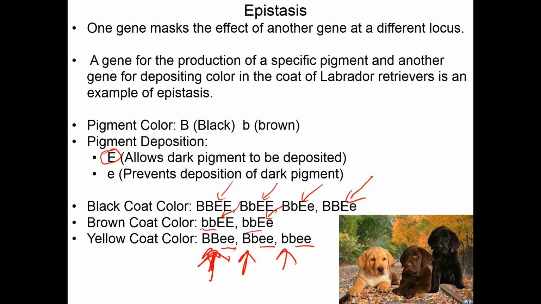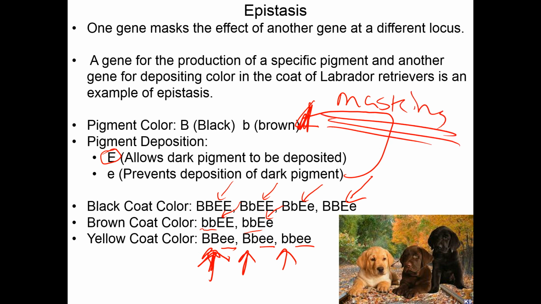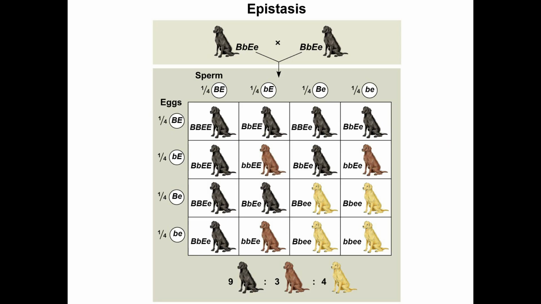So you have this pigment depositing gene that is masking the expression of pigment coloration in the dogs in terms of the fur coat. Here you're looking at a cross between two labs.